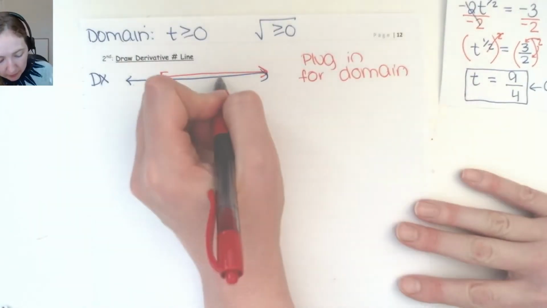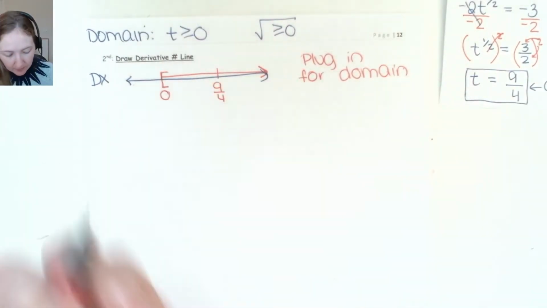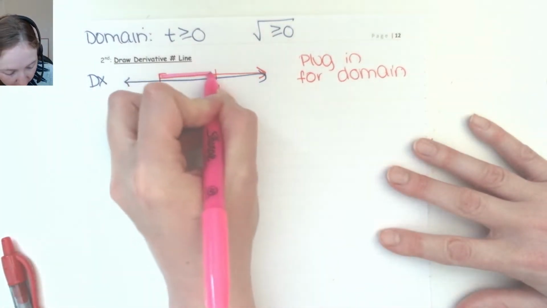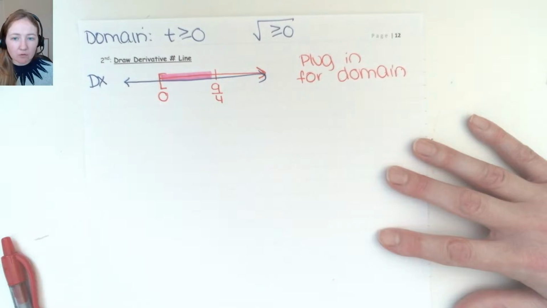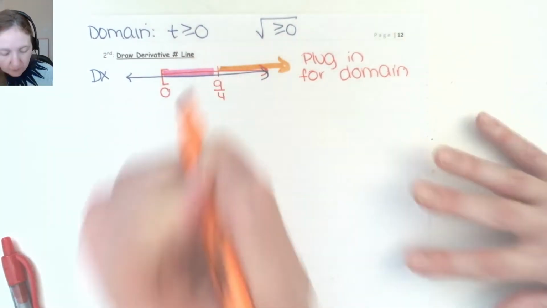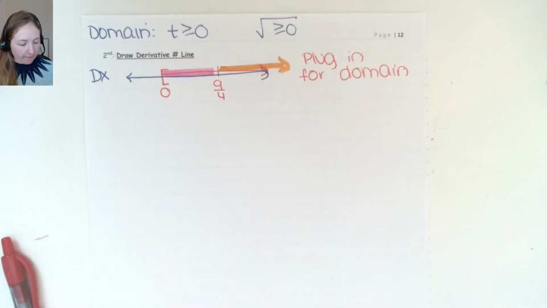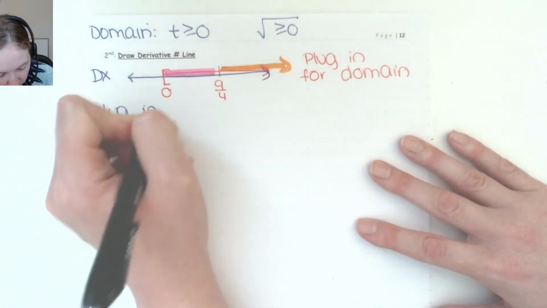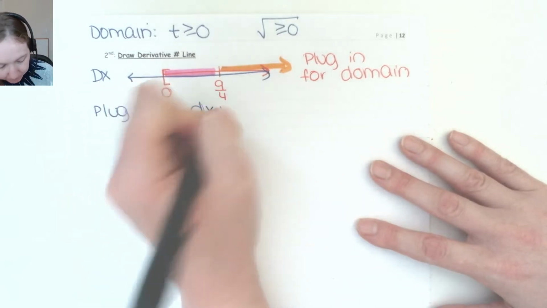So we put that critical number of 9/4 down. And again, because our domain is 0 to infinity, we just have this first interval from 0 to 9/4 and the second interval from 9/4 to infinity. And we are going to plug into the derivative.